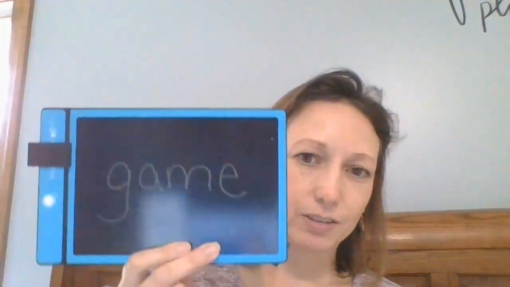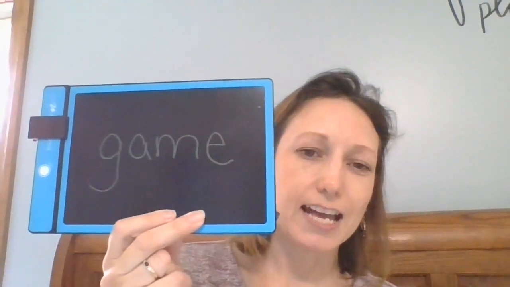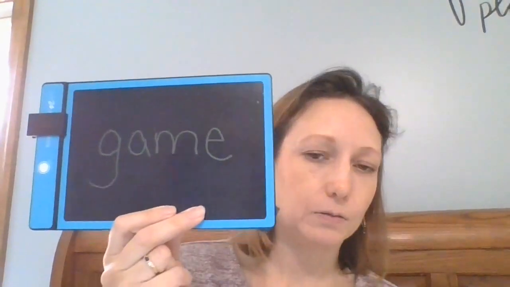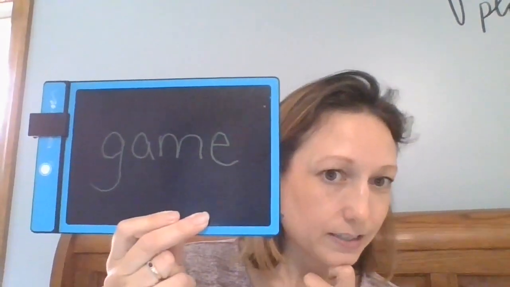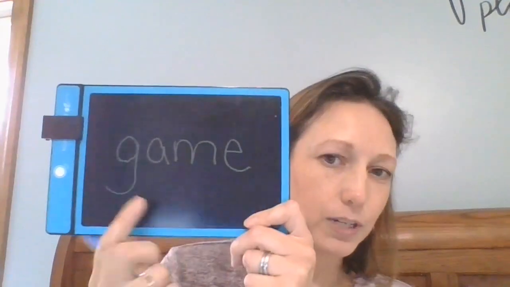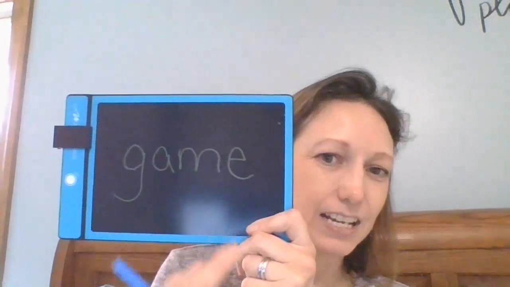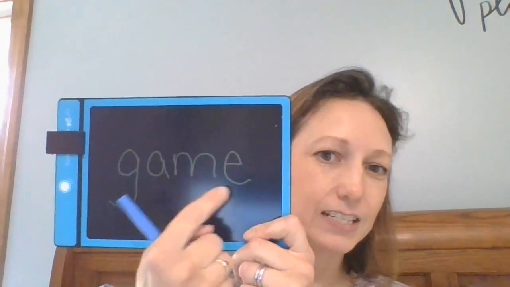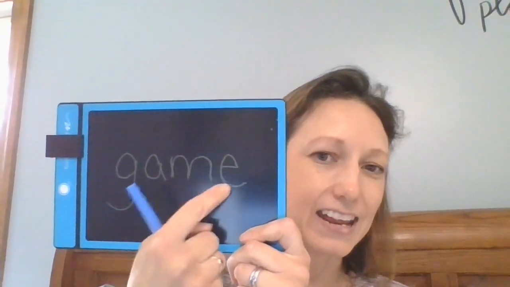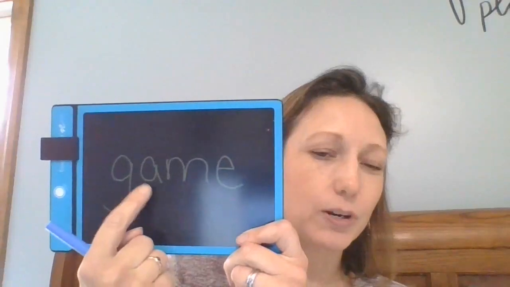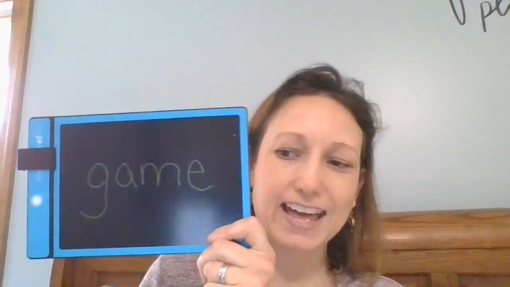Did you spell game? G-A-M-E. Why did we put that E on the end? We hear G-A. A is saying its name, so we have our A, consonant, E says A. Put the E on the end because we heard the long vowel sound, A.